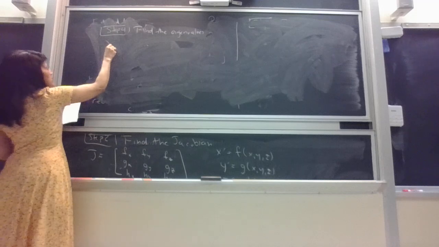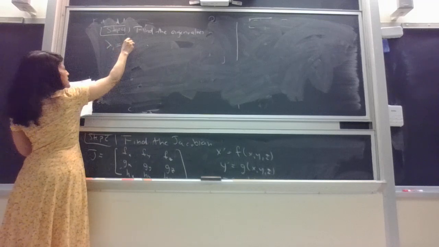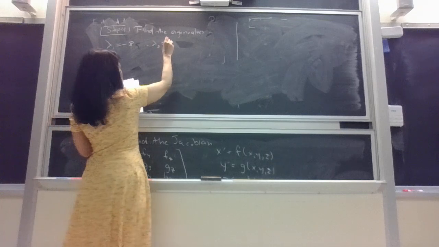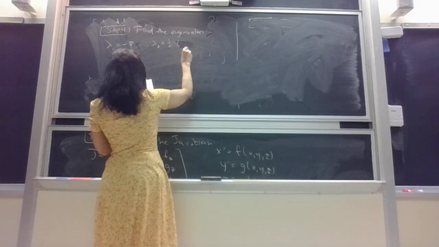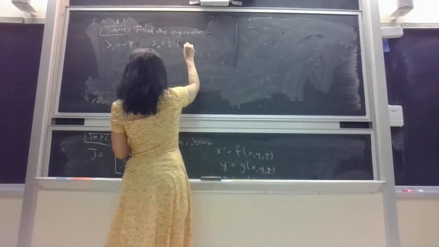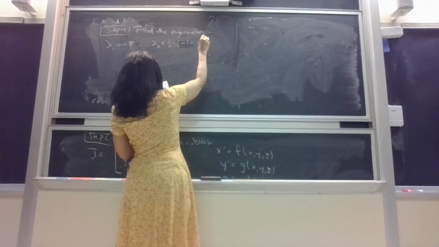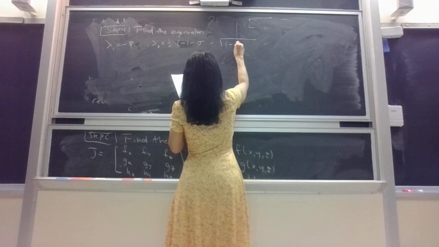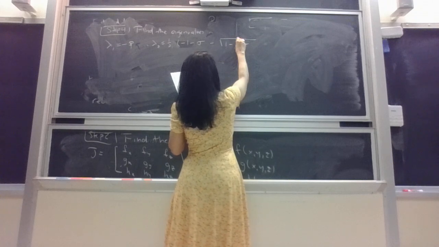And it turns out Mathematica gave me lambda 1 is minus beta, and lambda 2 is 1/2 times a holy mess. This is a 2, not a Greek letter.